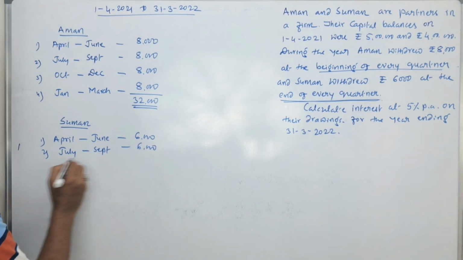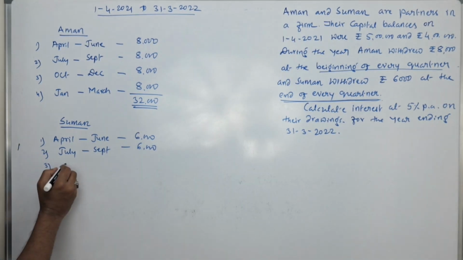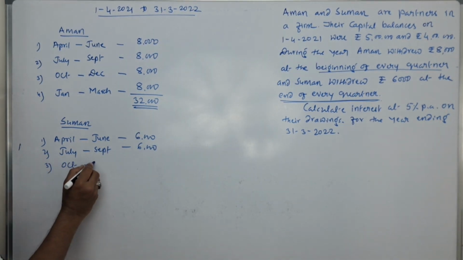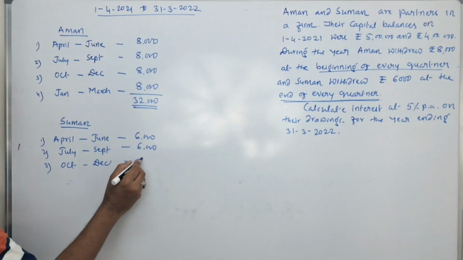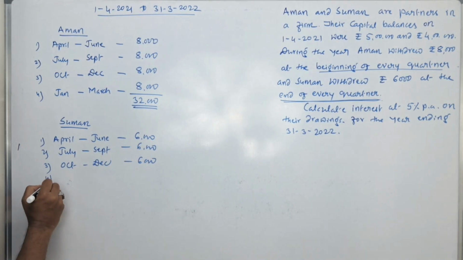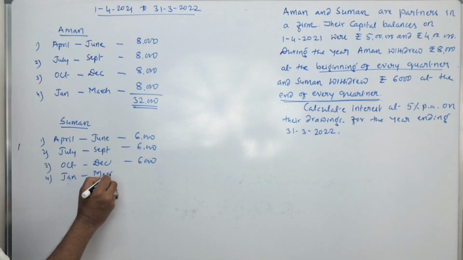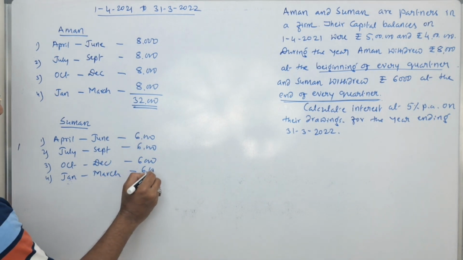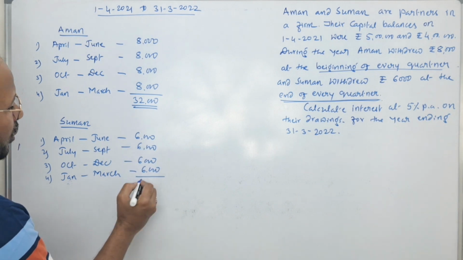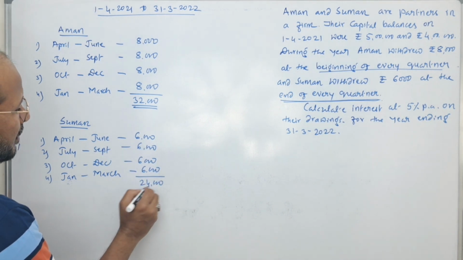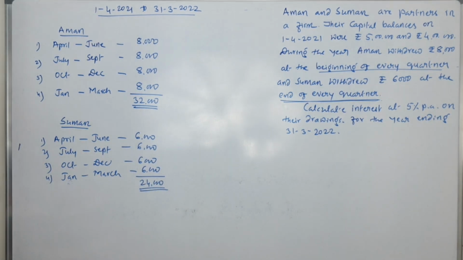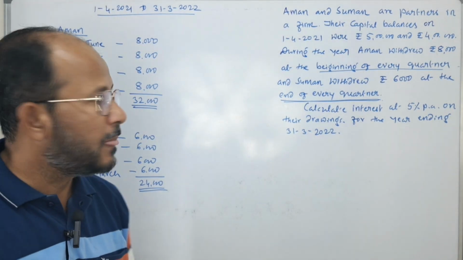Again rupees 6,000 he has withdrawn. Next one is in the third quarter, he has withdrawn rupees 6,000, and in the fourth quarter from January to March, rupees how much? 6,000. Total amount withdrawn by this partner is rupees 24,000.